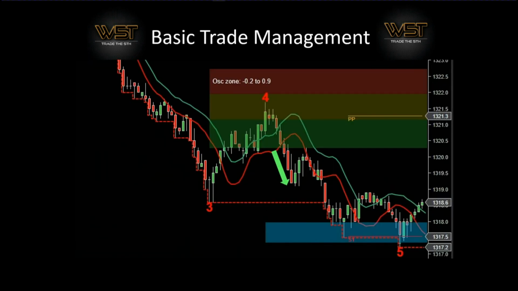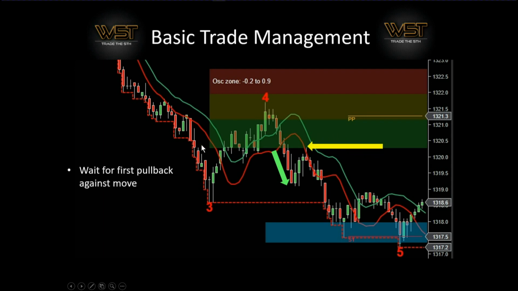So we're going to go through one basic trade management first. Now this is the short that we did back on GC, on the gold futures here. So originally, if you remember, we entered just below the 6-4 moving average low and this big green candle low here as well. So we get into the trade and we're going short.